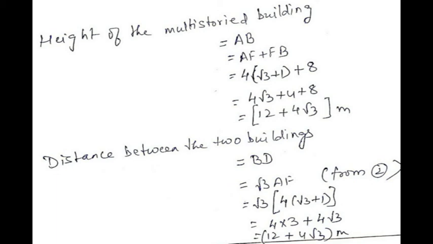Height of the multi-story building is equal to AB, which is equal to AF plus FB, which is equal to 12 plus 4 root 3 meter. Distance between the two buildings is equal to BD, which is equal to root 3 AF from 2, and therefore is equal to 12 plus 4 root 3 meters.